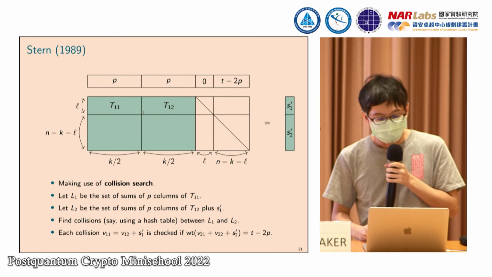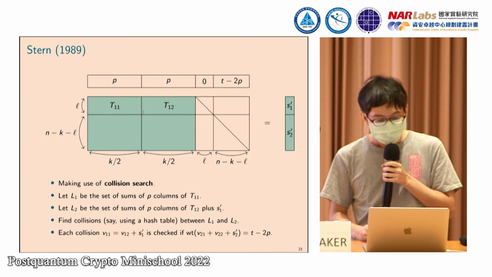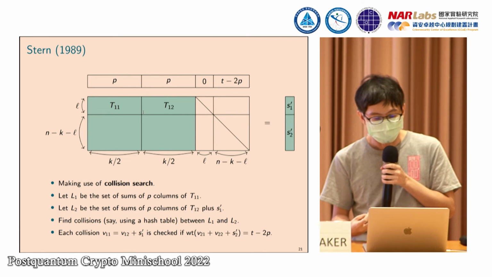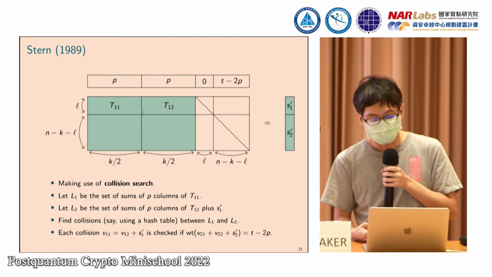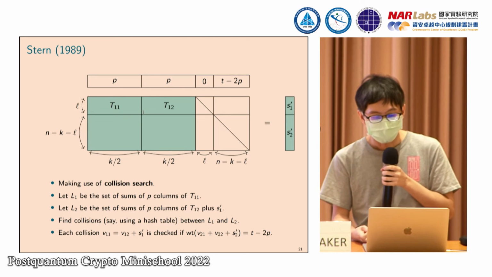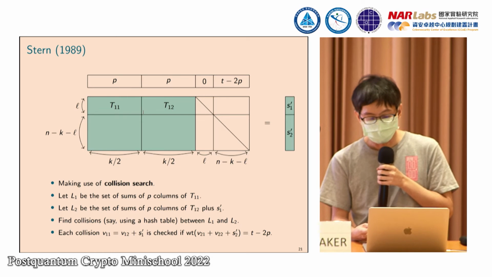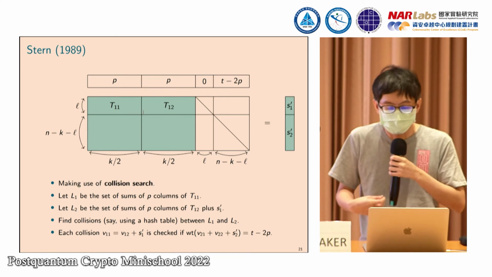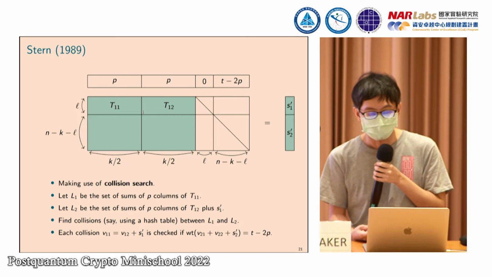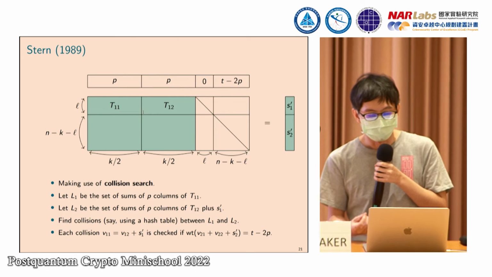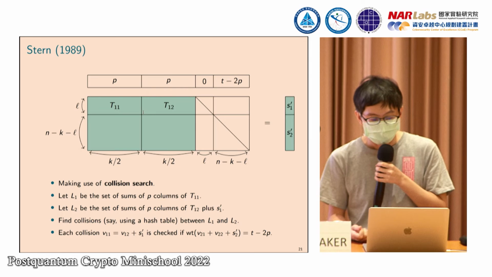And then we have the Stern algorithm, which is an important improvement over Leon. In Stern, you try to make use of a collision search to accelerate the algorithm.